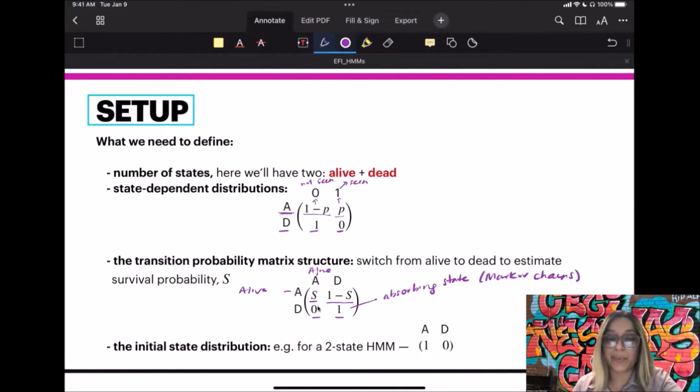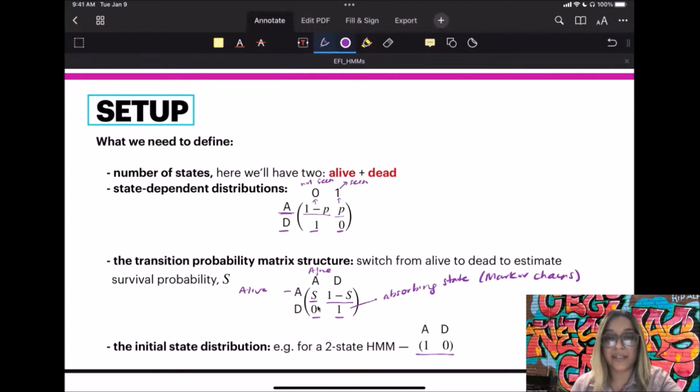And the initial state distribution, while it's something we want to estimate for animal movement, in this case we'll start with an alive animal, right? It was captured. We're assuming it was captured alive, not captured dead. So the state process we know at time 1 is alive; it does not start in death.